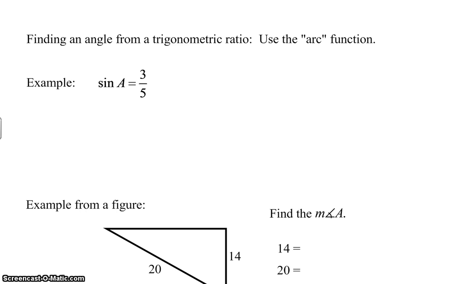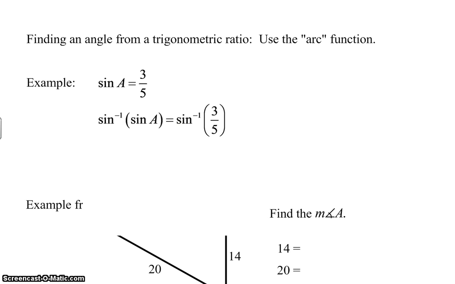To do this, I'm going to use my calculator, and this is an equation, so do unto one side as you do unto the other. I'm going to take the arc sine of both sides of the problem. This is what the notation would look like. Arc sine and sine cancel each other out, so I'm left with angle A on the left, and on the right, all I do is simply push in second sine.